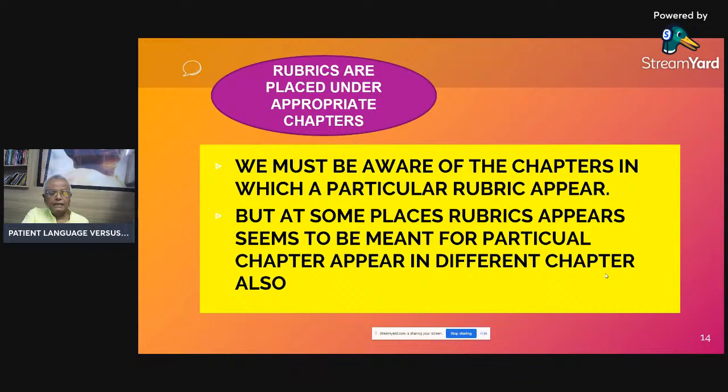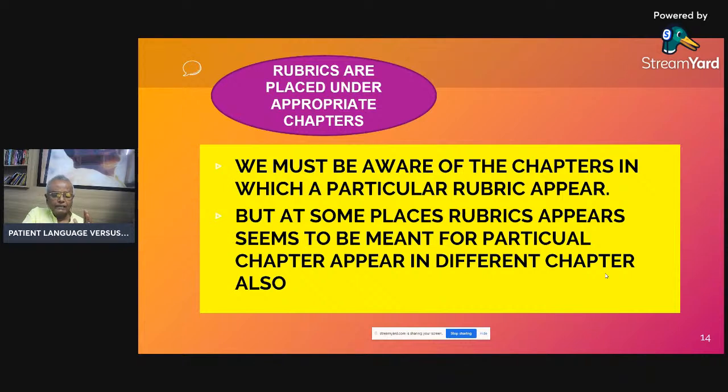You will see that there are mental rubrics in the particular chapters: in the head chapter, the stool chapter, the urine chapter, whatever chapter it is, you will find mental rubrics. Similarly, in the mind chapter you will also find physical rubrics. So this relationship is very important.